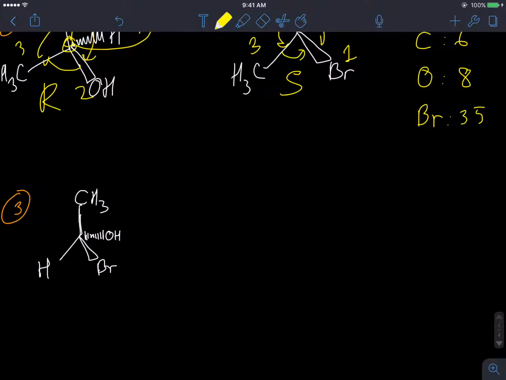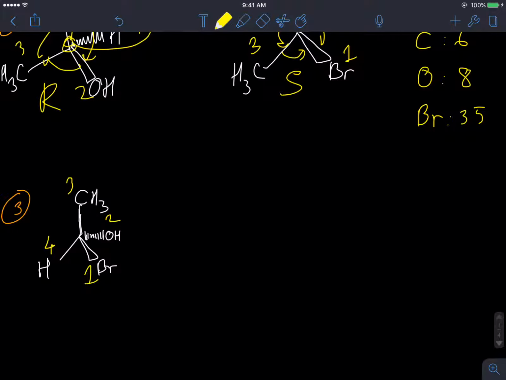How about number 3? 1 is bromine, oxygen 2, 3, 4. Right now we see that number 2 is on a dash. So we have to switch number 2 with number 4 to get number 4 on the dash. The easier way to do this is to make a model.